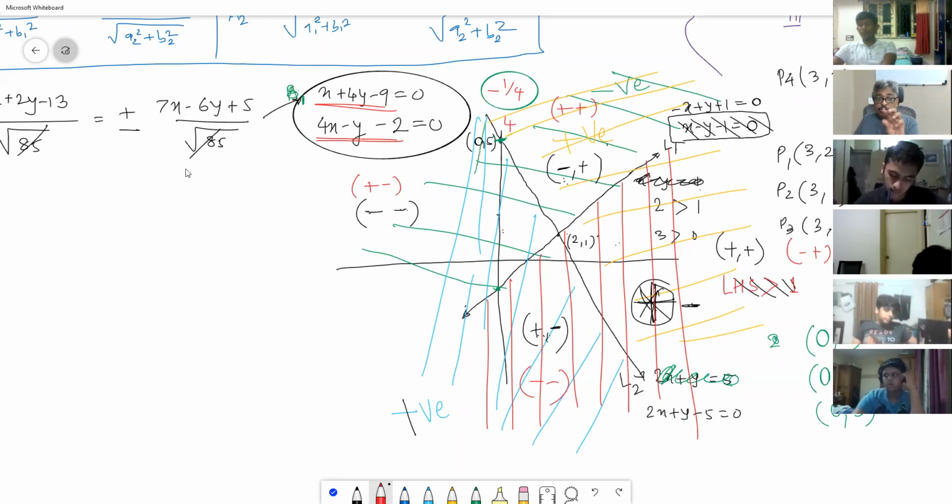If the second line also was multiplied by minus 1, then those numbers also would have changed. So, what we want to observe by doing this is opposite quadrants, either they have same parity, both of them minus minus or plus plus, or they have opposite parities, plus minus or minus plus. That is what we have observed.